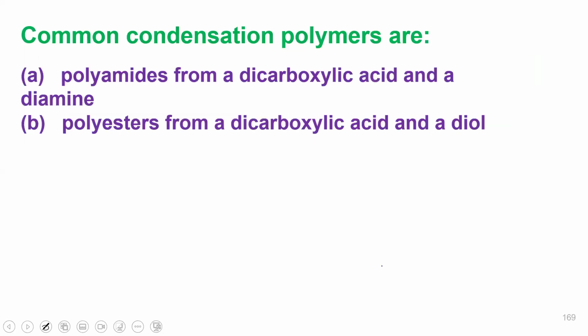Common condensation polymers are polyamides from a dicarboxylic acid and a diamine, and polyesters from a dicarboxylic acid and a diol. So in our course, there are two types of condensation polymers involved. Polyamides come from a dicarboxylic acid and a diamine.